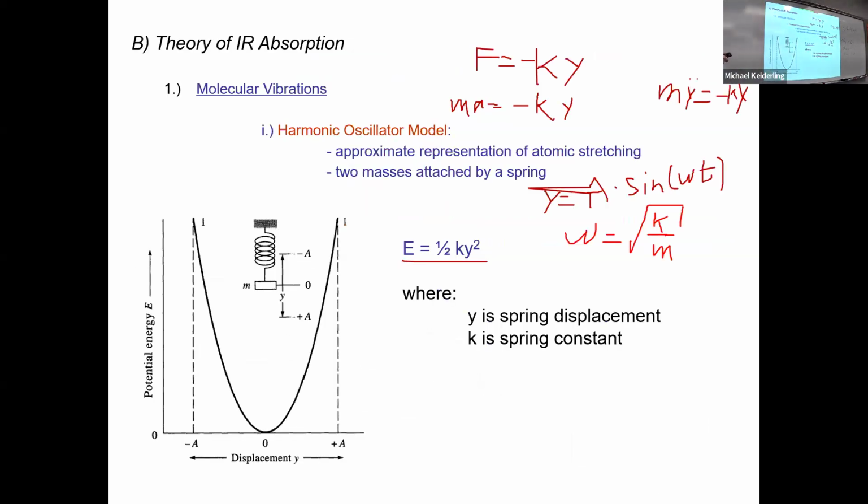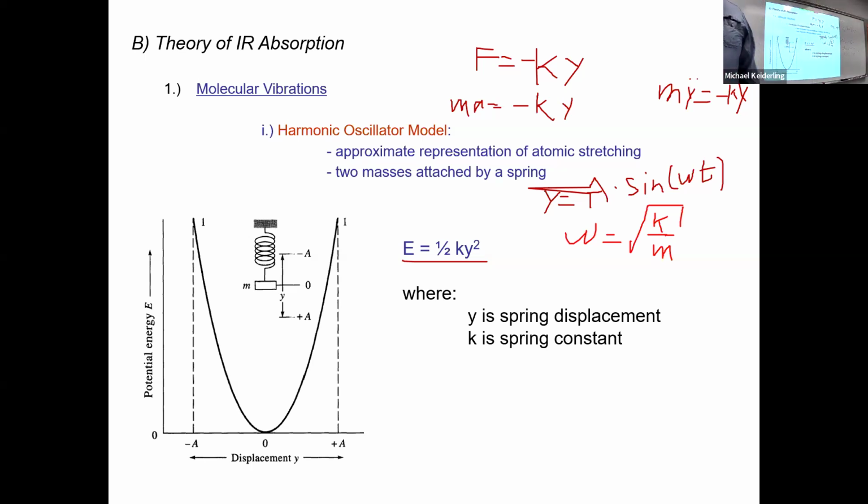So the theory of IR absorption is that we're dealing with molecular vibrations. So we can represent some masses as a harmonic oscillator. We can approximate them as if they were basically a mass on a spring. The vibrations of a bond as a mass on a spring. This works for wobbling, stretching, all the sorts of motions you can have.